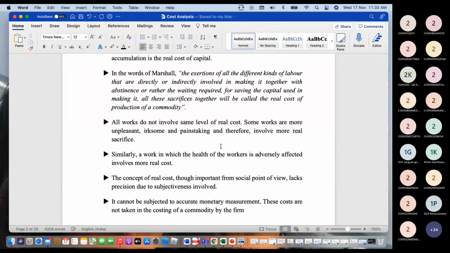Tomorrow we will have an offline class. On Friday, it will most probably be a holiday because of Guru Nanak Jayanti. And then we are going to meet on Saturday, where we continue with economies and diseconomies of scale, and then we can start with the revenue analysis also. Depending upon how the situation is, I will take 1 hour on Saturday.